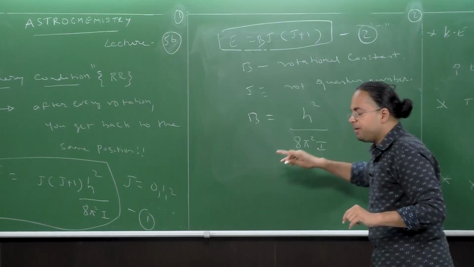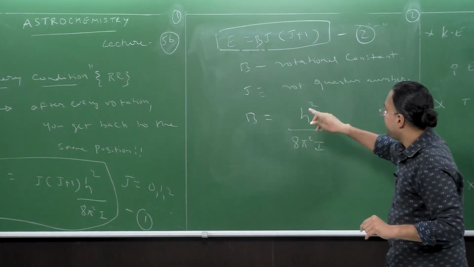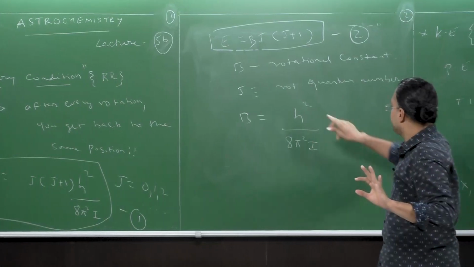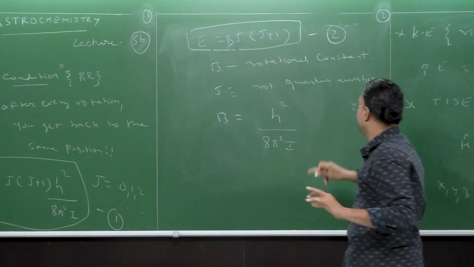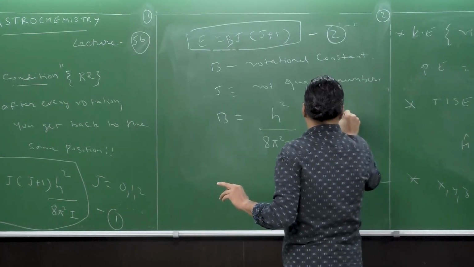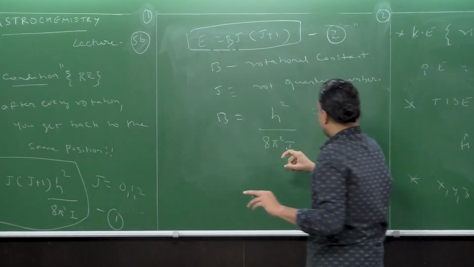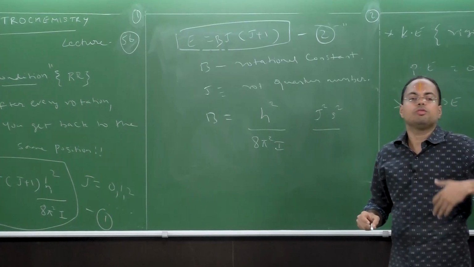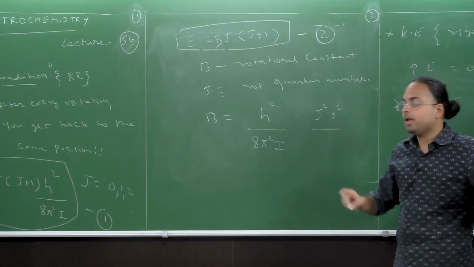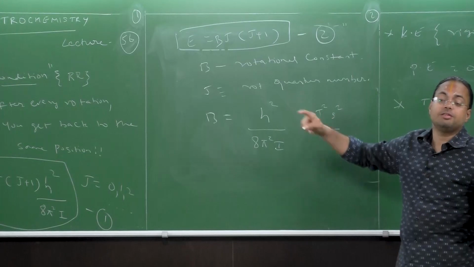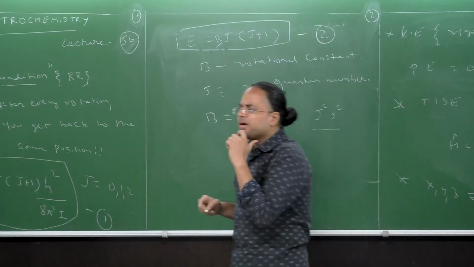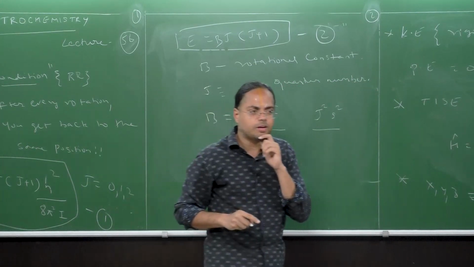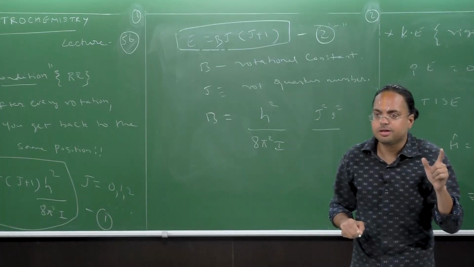Let's just ensure that B actually has units of energy. So this is h square, so this is going to be joule square second square. And what is going to be the units of moment of inertia? Well, I told you in the previous class that it is the equivalent of mass. But is it just the mass unit alone?